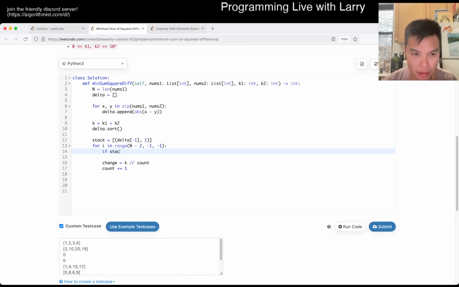If now we want to combine the top of the stack. Okay, let's do it this way.